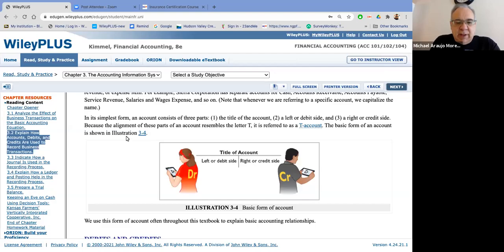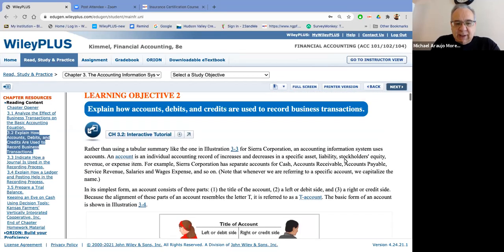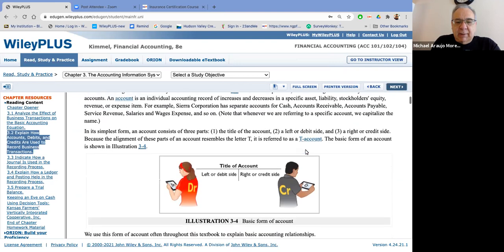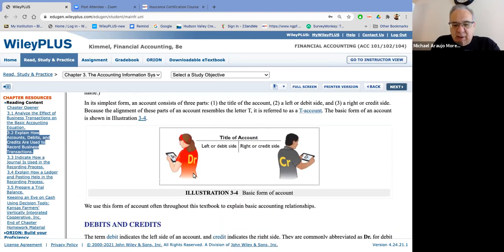So learning objective 2 in chapter 3 introduces you to what an account actually looks like, right? This particular illustration is what every account looks like. So you've been learning all different types of accounts, right? You learned about cash and accounts receivable and supplies.